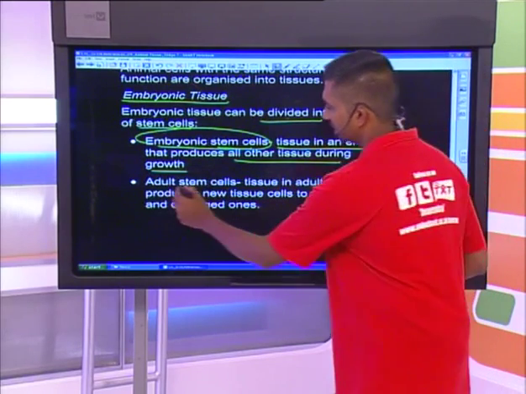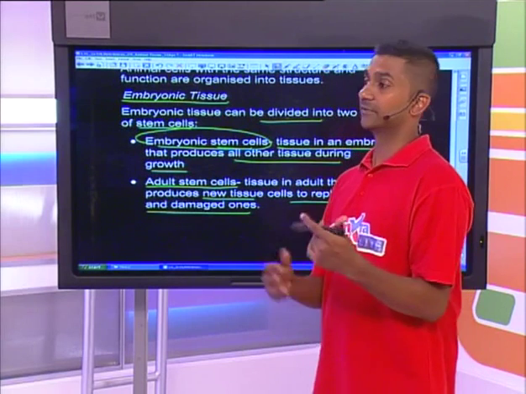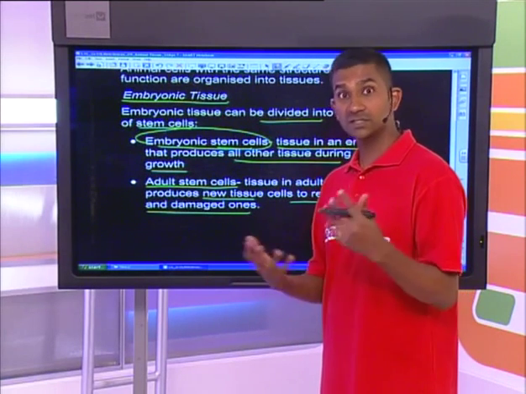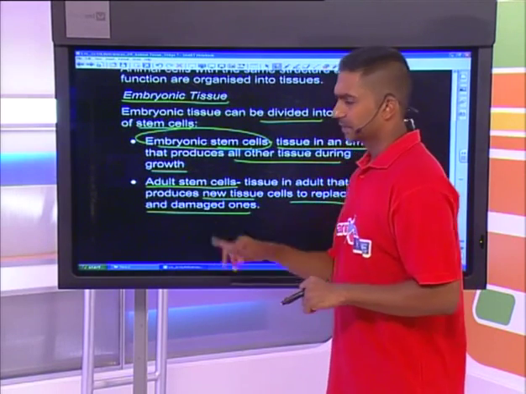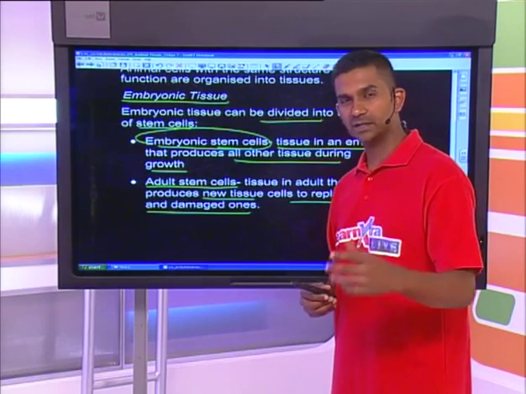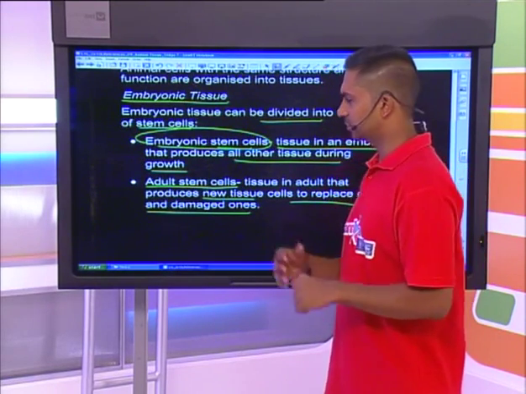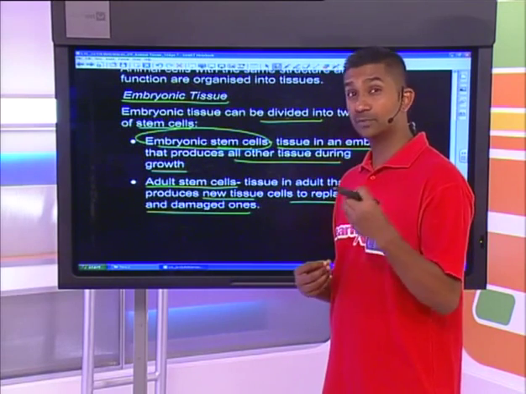We also see adult stem cells, and these are tissues in adults that produce new tissue cells that replace the old and damaged tissue. When we look at blood cells, guys, we know that the red blood cells are constantly replaced, but where do those cells come from? Yes, they come from the bone marrow. You probably have heard in the newspapers and read about people that are affected with leukemia and they need bone marrow transplants.